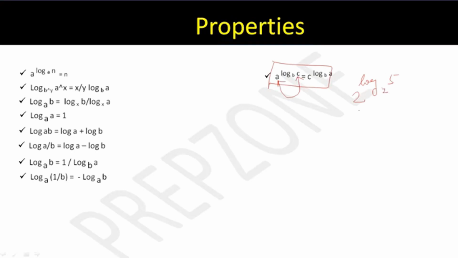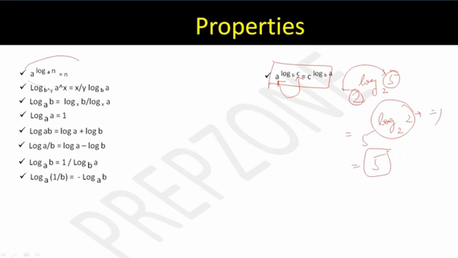If you have to calculate this, what you can simply do is interchange the 5 and this 2. So this becomes 5 to the power log 2 to the base 2. Now we know this value is 1. So I can very simply write the final answer as 5.